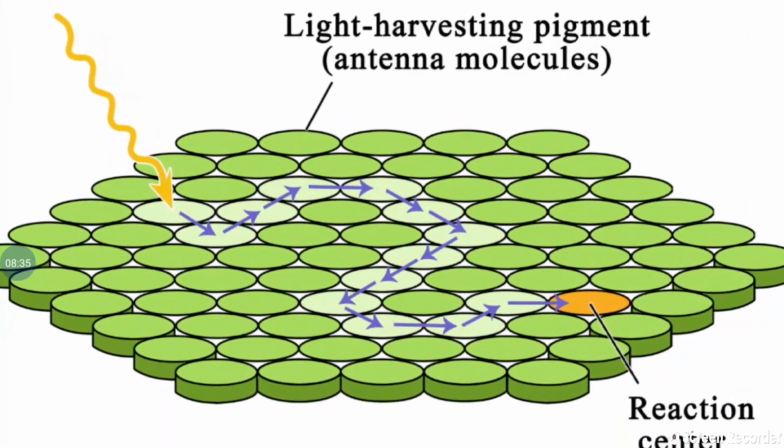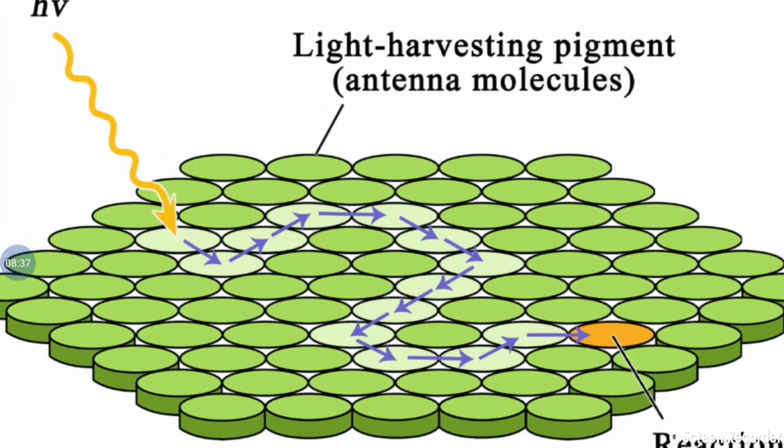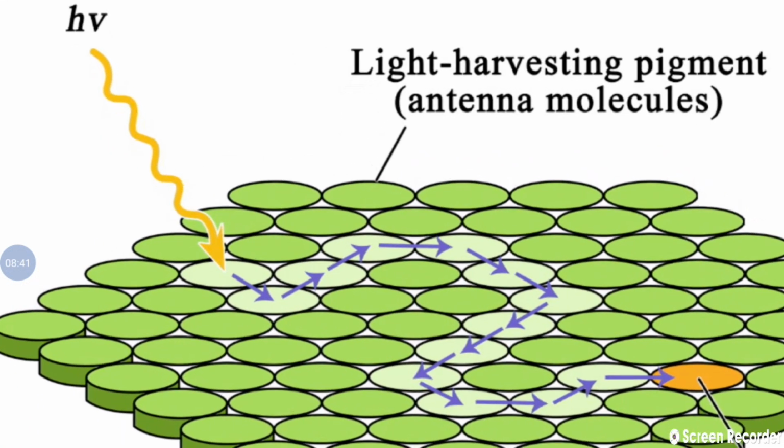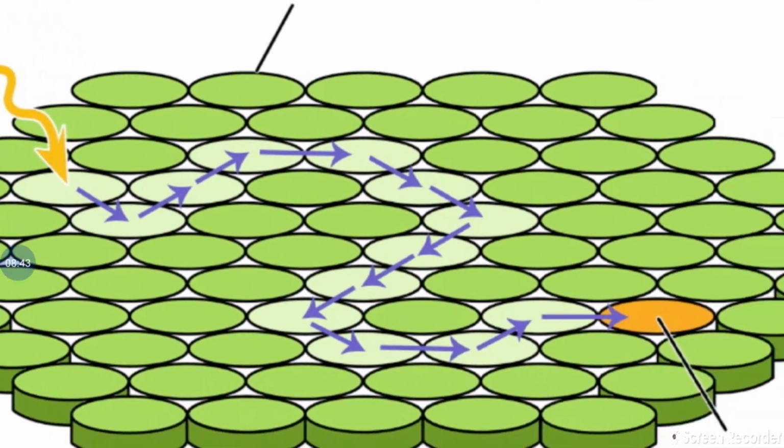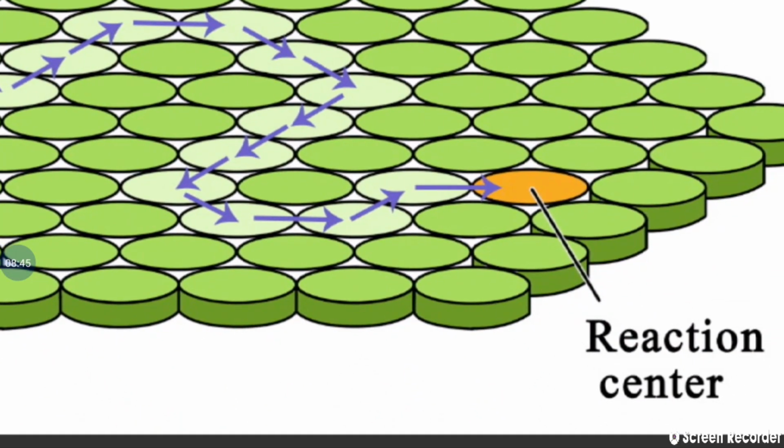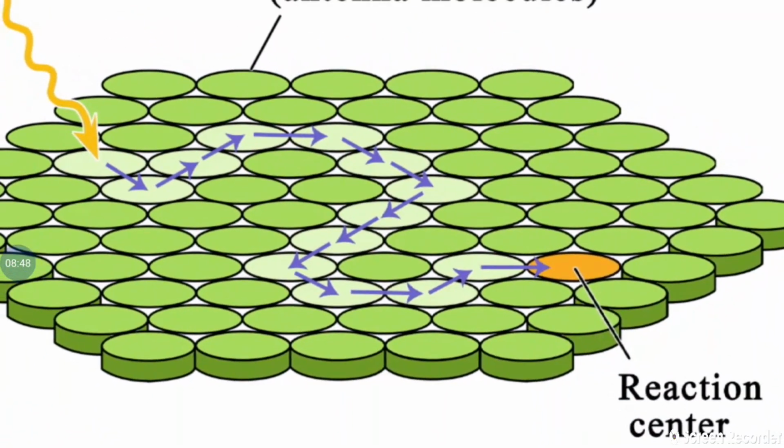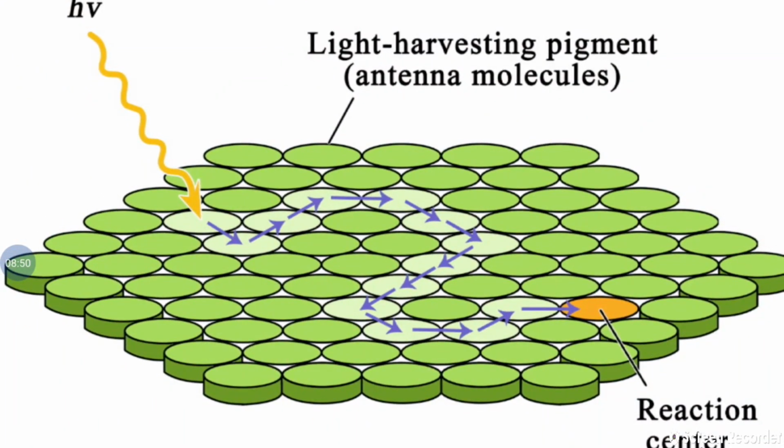How are these arranged? Let's see. The light harvesting pigments act like an antenna because they receive sunlight and finally give it to the reaction center. Such light energy is converted into ATP and NADPH.